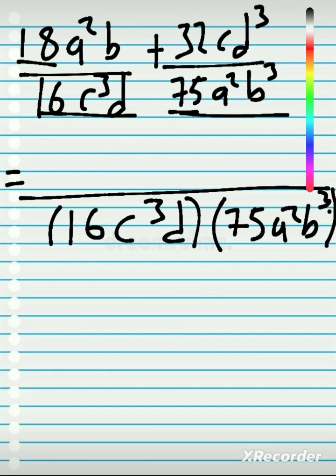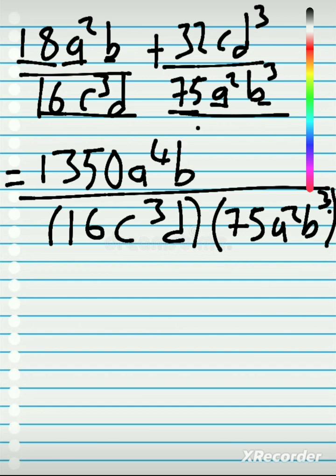So 18 times 75, it's 1350. Then a power 2 times a power 2, it's a power 4. Then b times b power 3, it's b power 4.